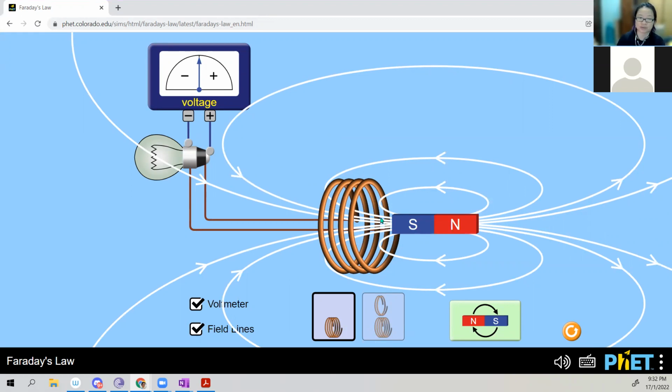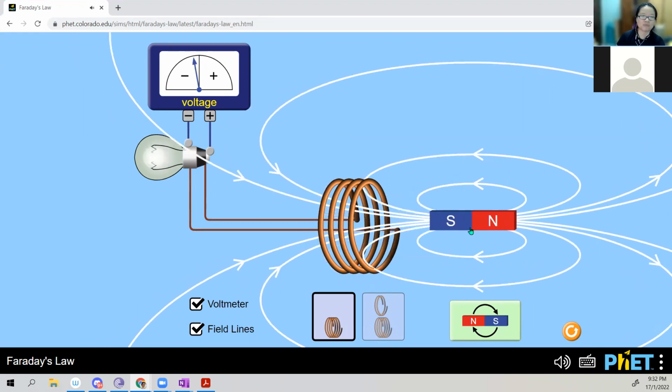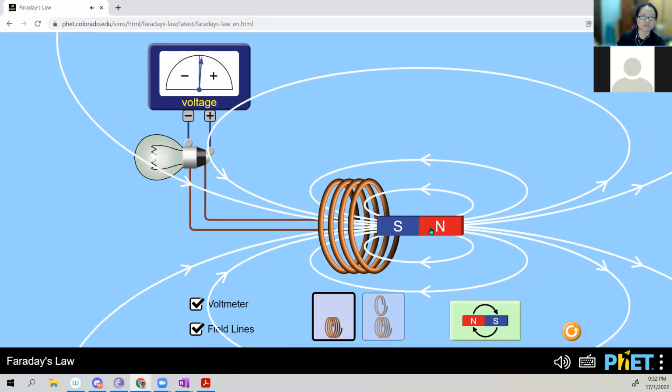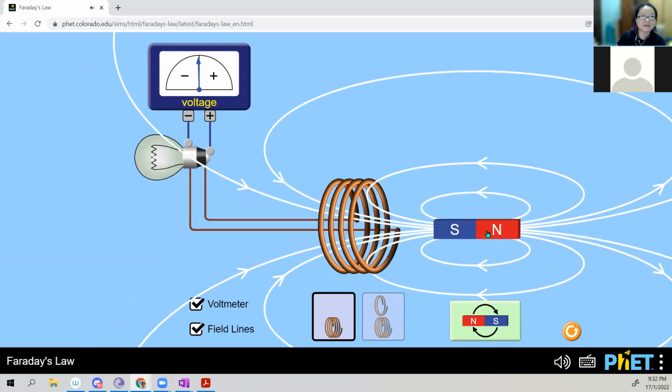Then current will flow in one direction. So just now, when I bring the south pole closer, it goes to the positive, right? And then if I pull the magnet away, it goes to the negative because the coil is like, I had a south pole. Why you go away? Come back. So the coil will become north pole to try to pull the magnet back in. But CIE, very weird one. The explanation has to be written in a very specific way.